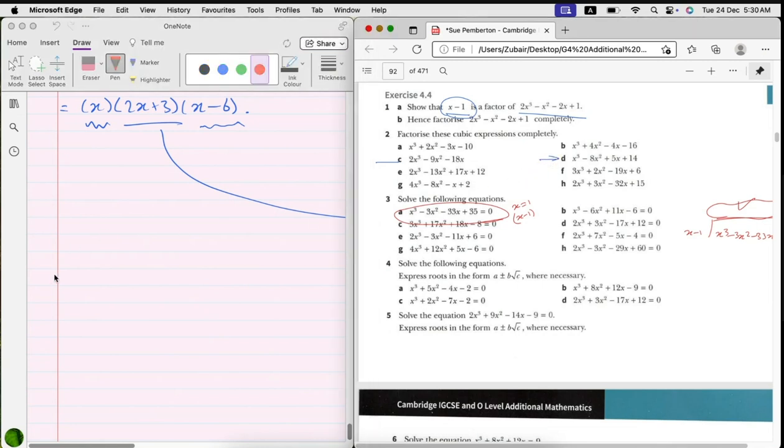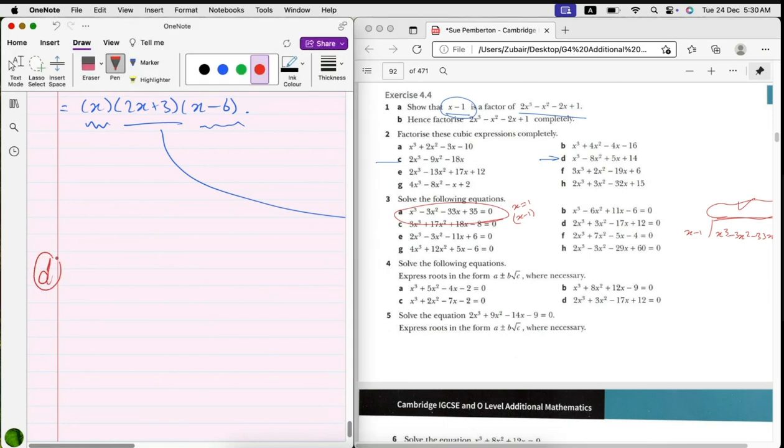I'm going for the D part. x cube minus 8x square plus 5x plus 14. So clearly in this case again 0 is not an option because we'll get 14. I'm going for 1 cube minus 8 into 1 square plus 5 into 1 plus 14.